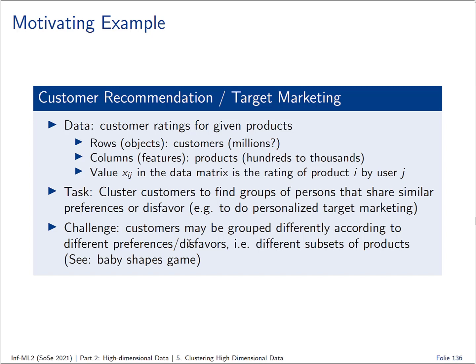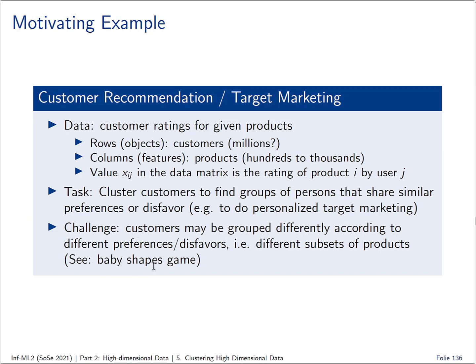So different subsets of products may have a different impact on how to cluster the customers. In other words, a customer may be grouped in different clusters according to different subsets of products. And that is the same as the baby shape game.